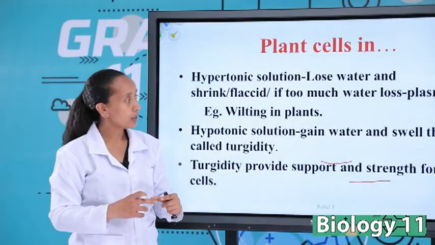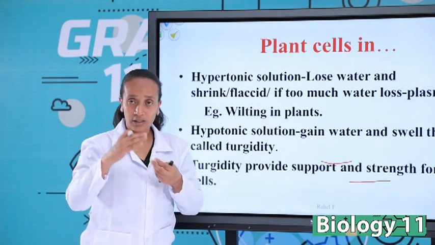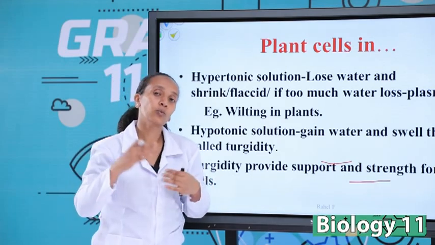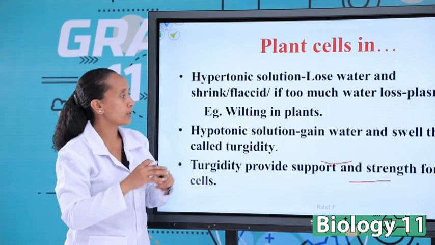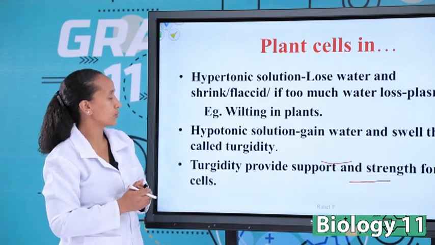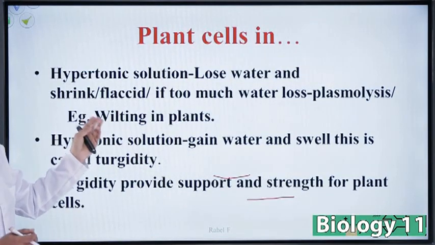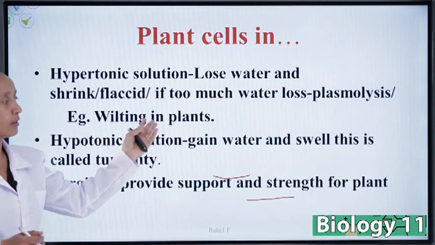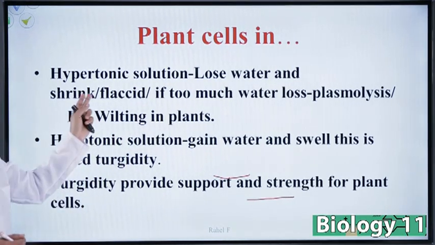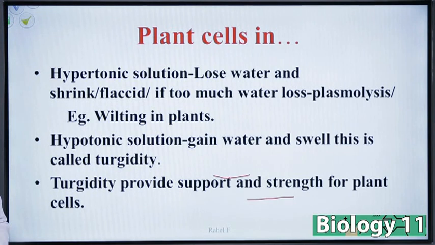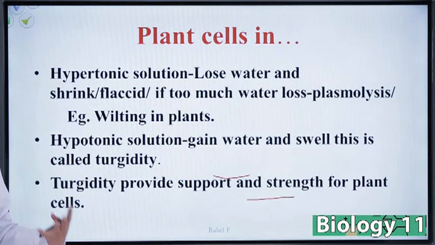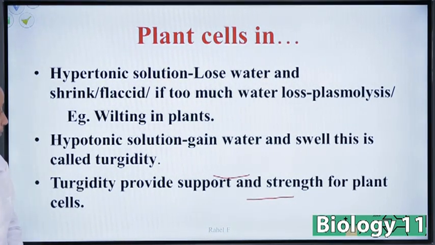The difference is, if the cell is plasmolysed, the cell membrane and the plasma membrane will separate and concentrate at one part of the cell. You can take the example of wilting in plants. In case of flaccid cells, they become weak and fail to support their leaves and so on.